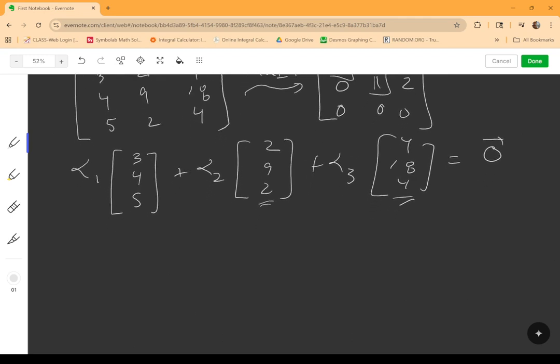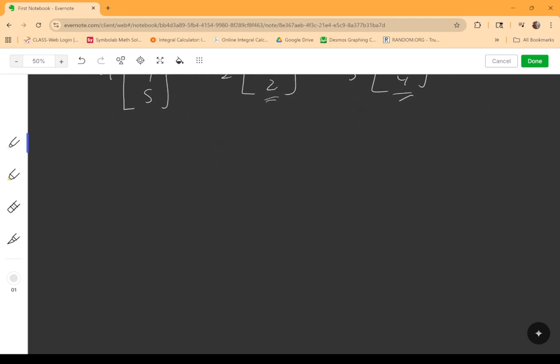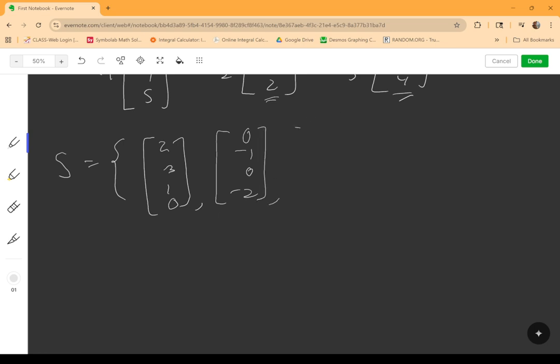All right, let's do one other example here. Let's say we have a set S, which we define by the vectors (2, 3, 1, 0), (0, -1, 0, -2), and (0, 0, 0, 1).